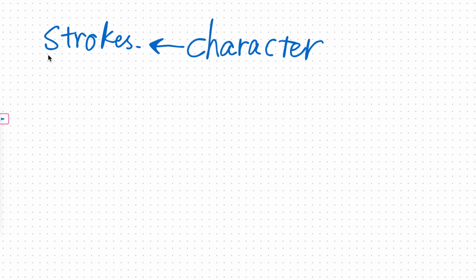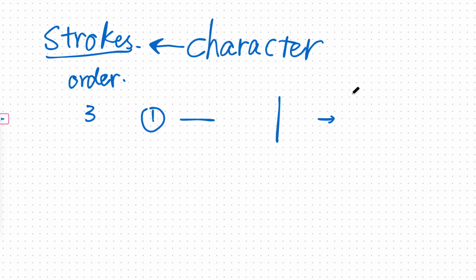And when you write strokes, it has a certain order. There are basically three rules. One is go horizontal before vertical. For example, in this character, you go horizontal first, then vertical.